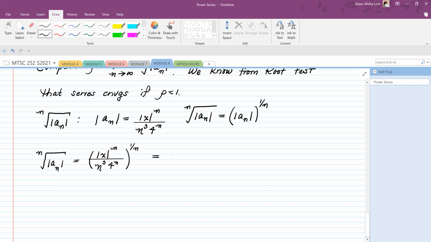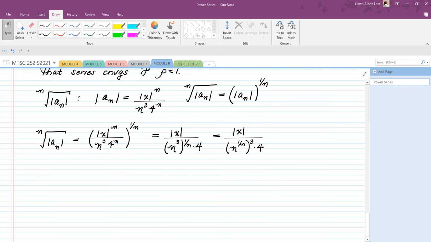So that's just going to give me the absolute value of x over n cubed to the 1 over n times 4, because 4 to the n to the 1 over n just gives me 4. I can then write this as the absolute value of x over n to the 1 over n, cubed, times 4. So we're in good shape.